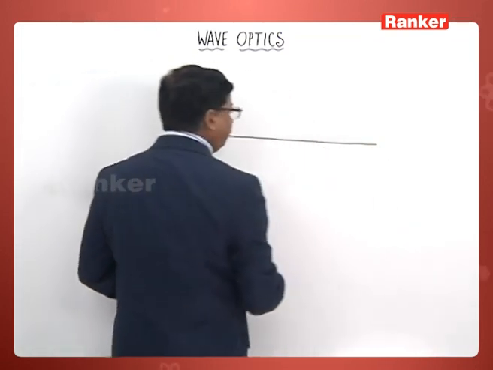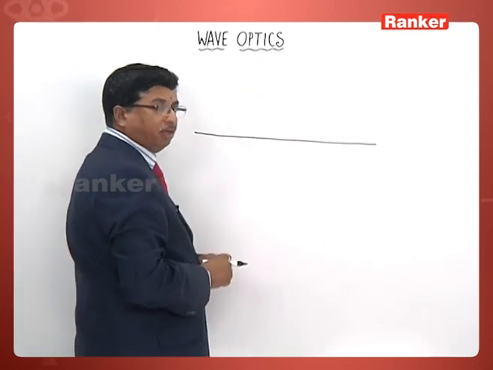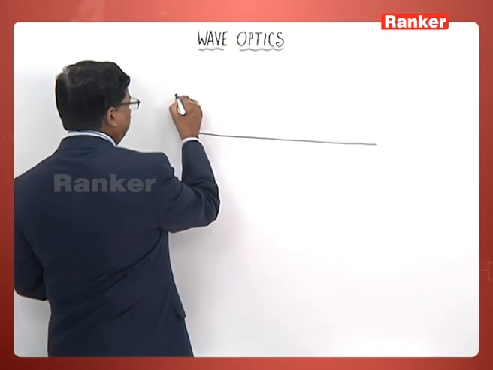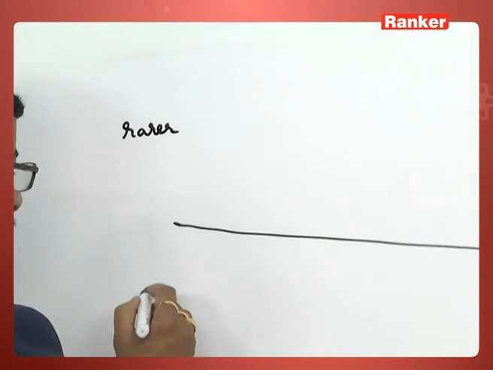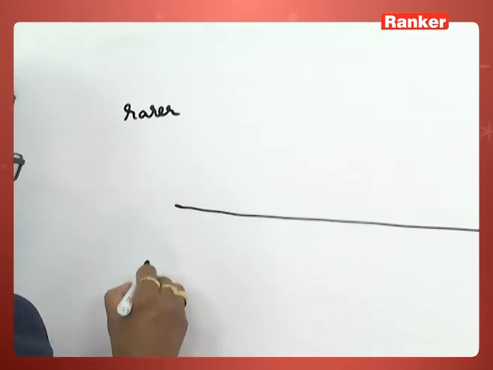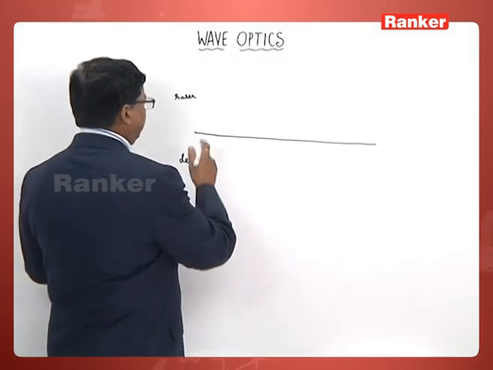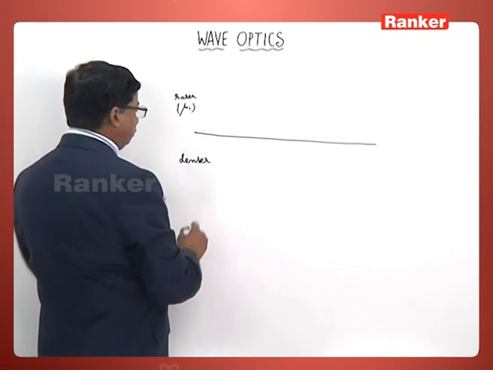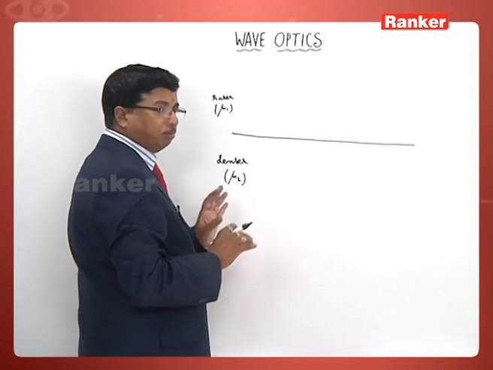Let us consider this is a line separating two different material media. Above this one, we have a rarer medium, and down below, we have a denser medium. Let us take the refractive index of the rarer medium as mu1 and the refractive index of the denser medium as mu2.